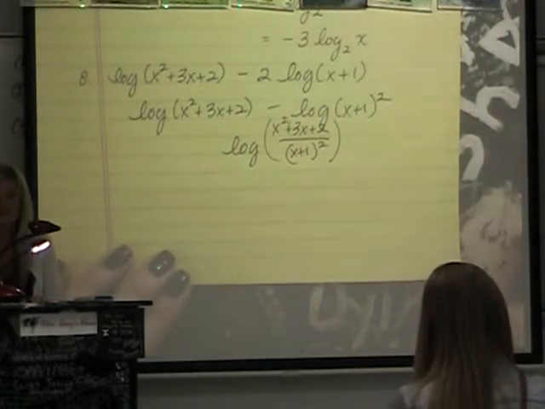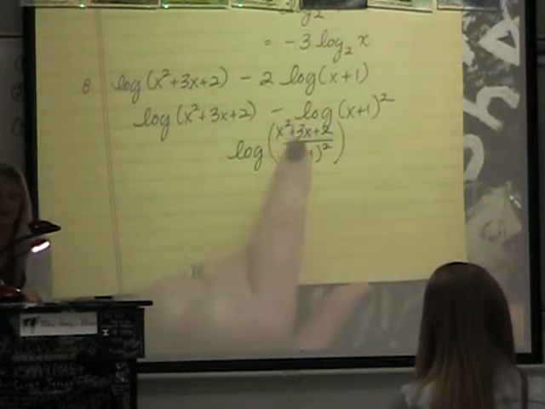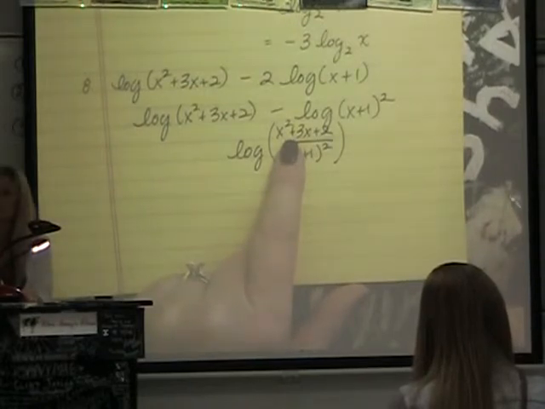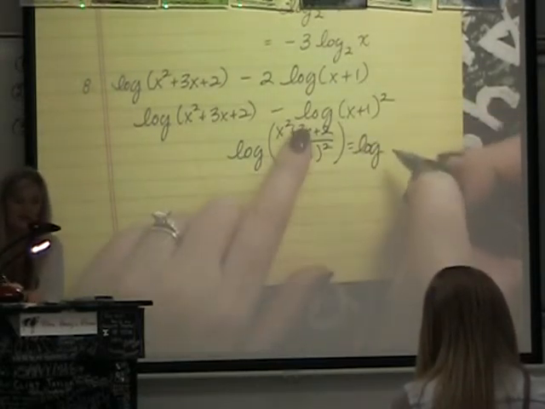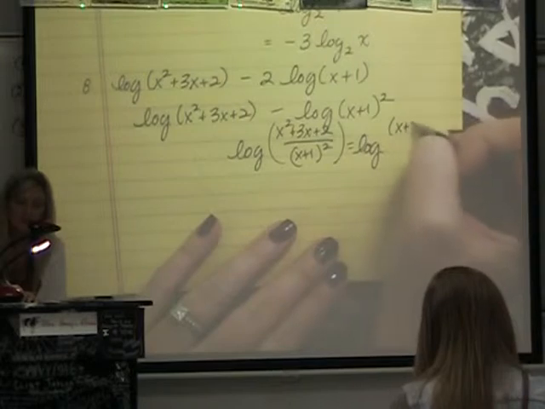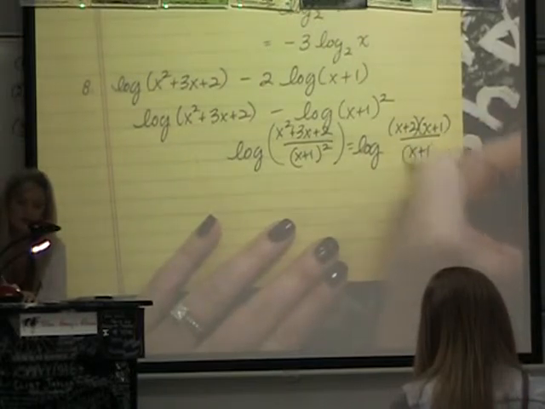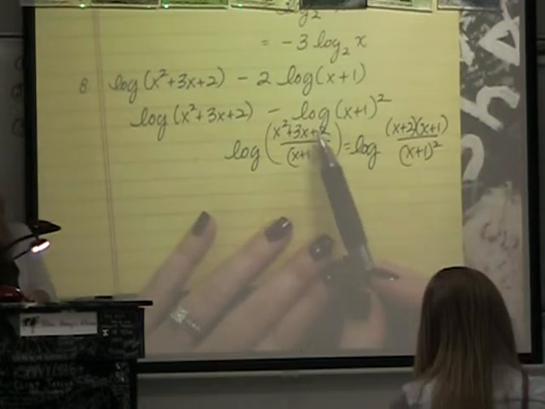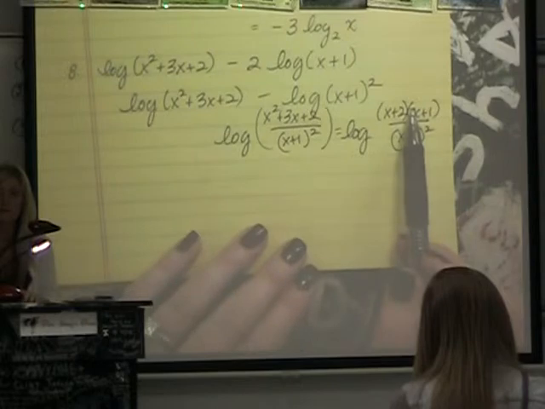And I'm actually not finished, because this expression can be simplified. Any ideas on how? You got it, factoring, that's right. So if I factor my numerator, isn't that just x plus 2 times x plus 1? Because 2 things that multiply to give me 2 that add to give me 3 are 2 and 1.